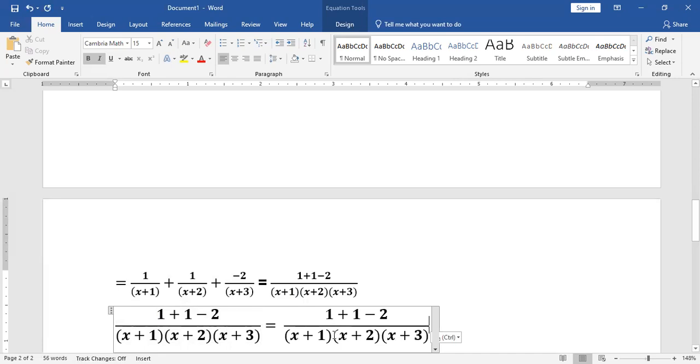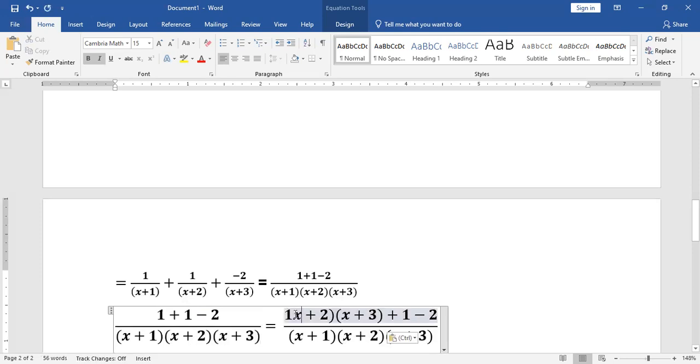So this one will be multiplied by these two, because the 1 will go into 1 there. I'm demonstrating.